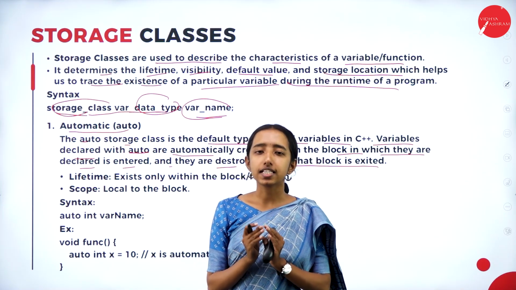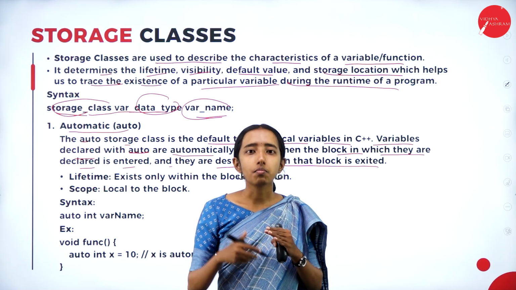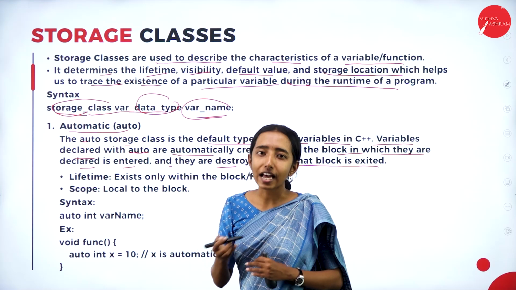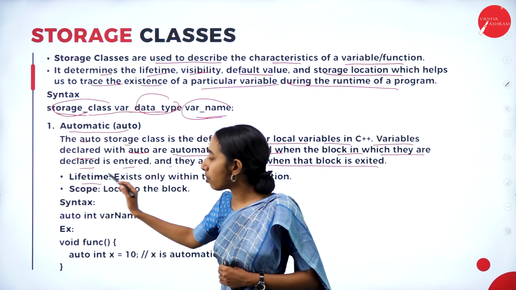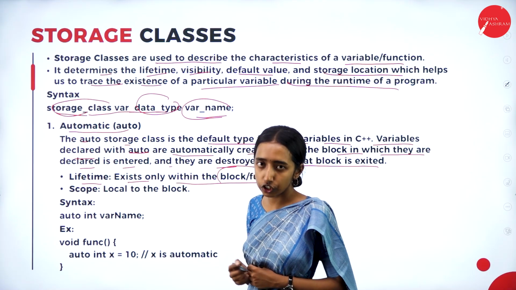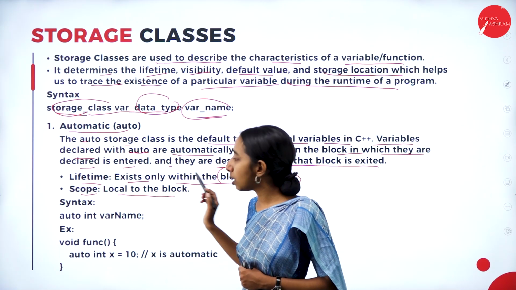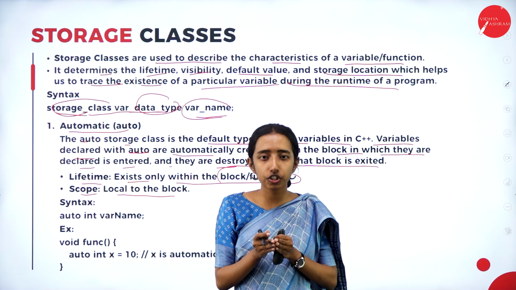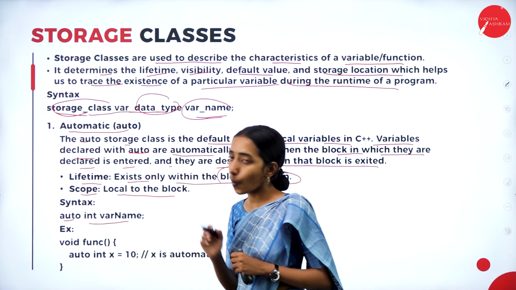The simple thing we should remember is that a storage class is about the lifetime of variables and which type of storage we are declaring. The first one is automatic, and its lifetime exists only within the block or function. The scope is local to the block where we have declared it. If you declare it in a function, that is a block. Syntax: auto int var name.